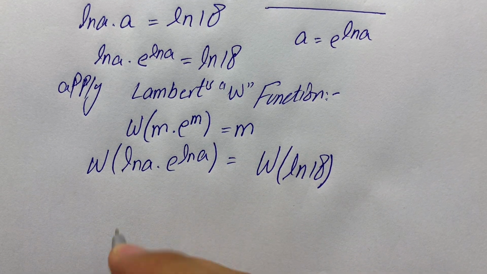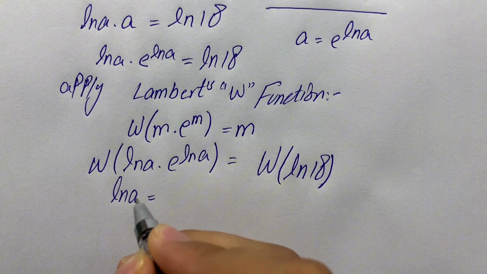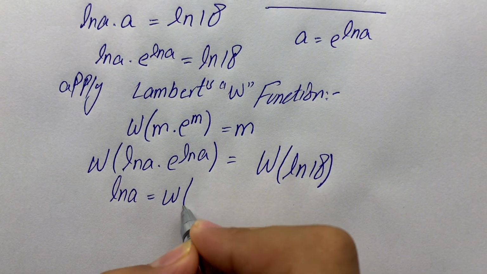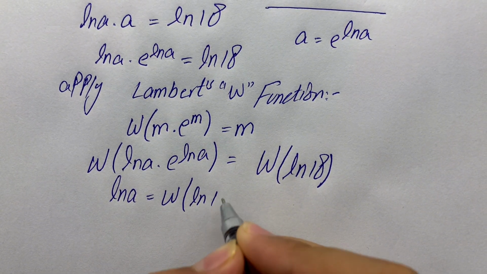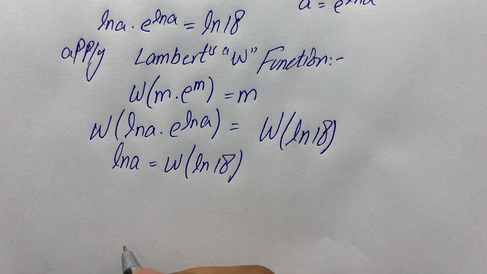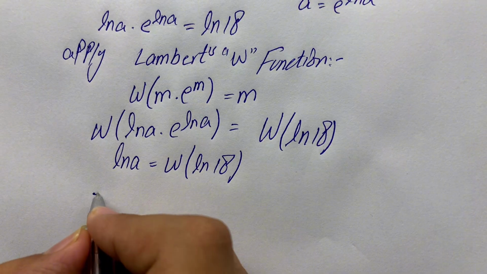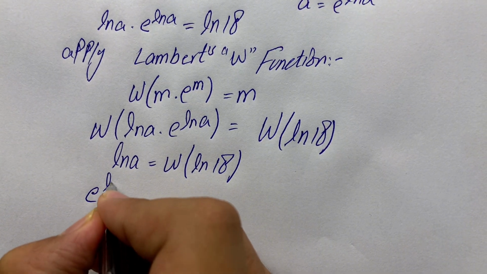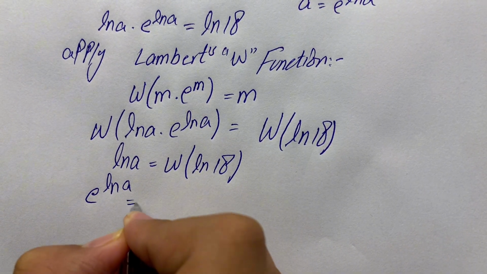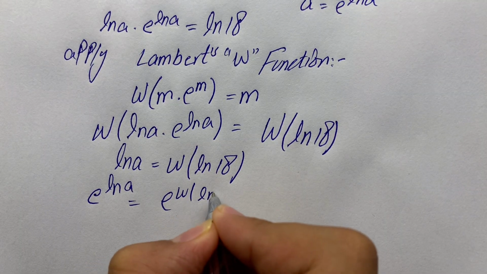Now ln a is equal to W of ln 18. So this will be e to the power ln a is equal to e to the power W of ln 18.